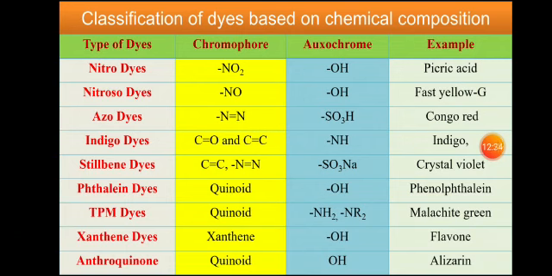Along with these chromophores, these compounds should contain an oxochrome like OH, SO3H, NH2, or NR2; only then can it act as a dye. Various examples are written in front of them.